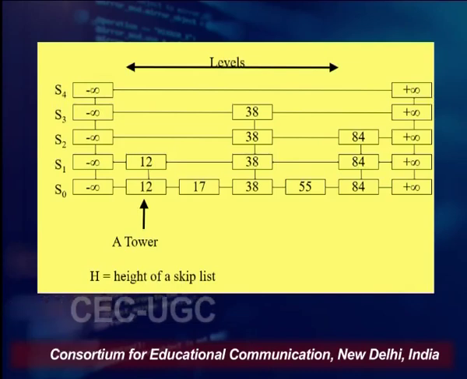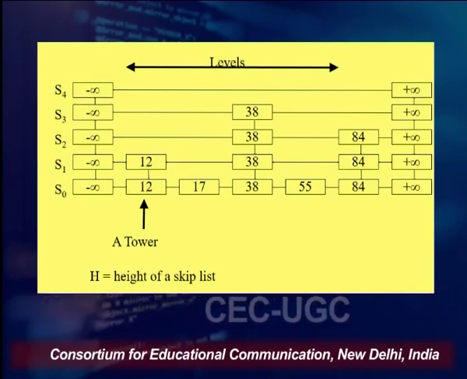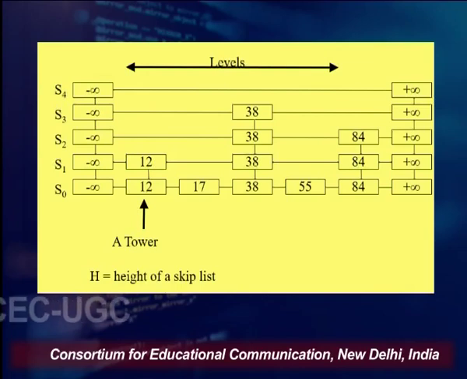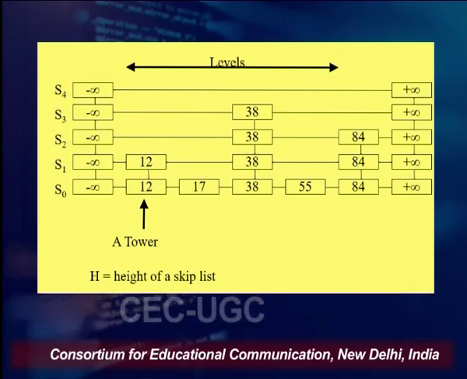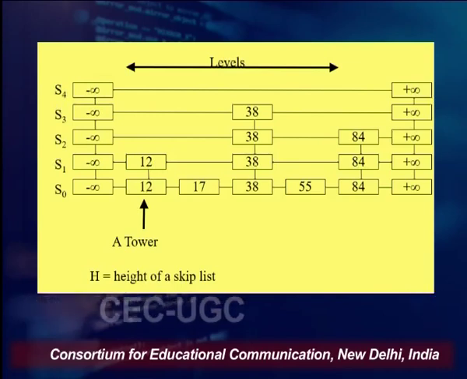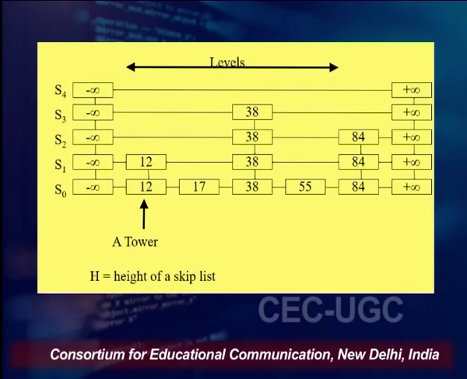The node in a skip list is implemented as a quad node, which has an element and pointers in all the directions. This is what we covered in our previous lecture.